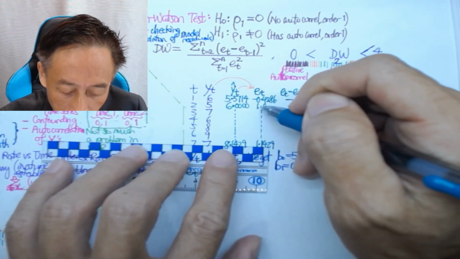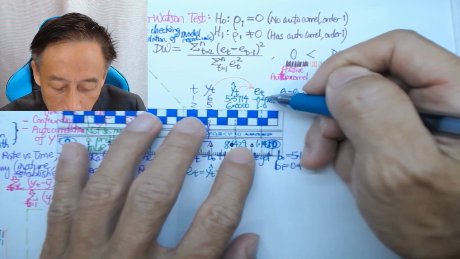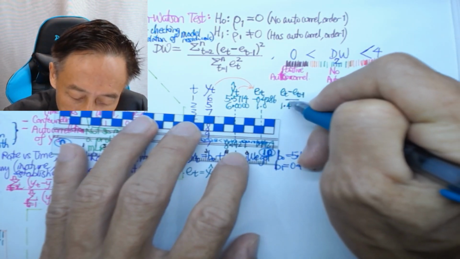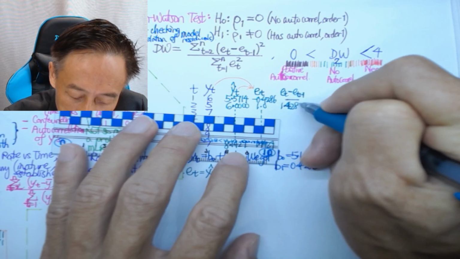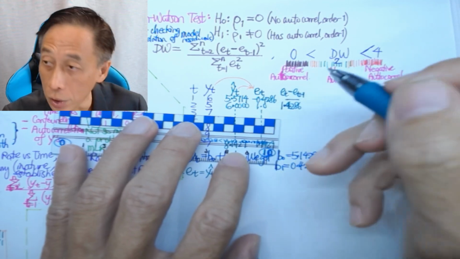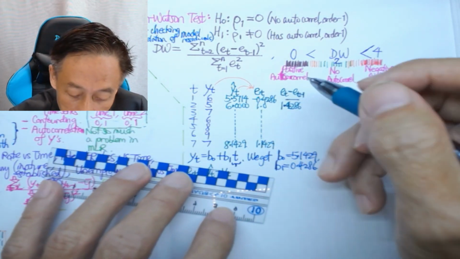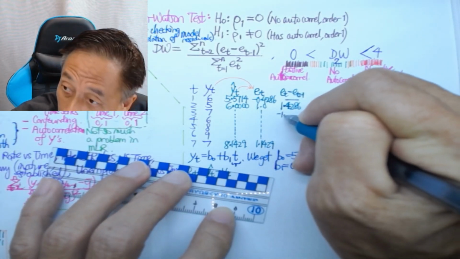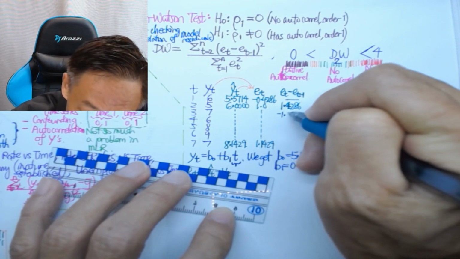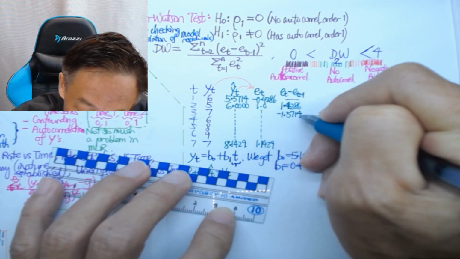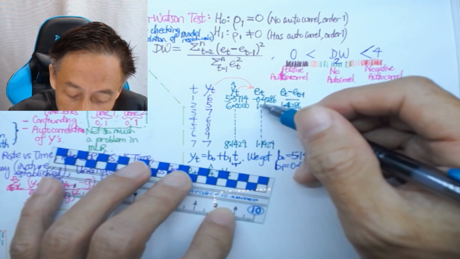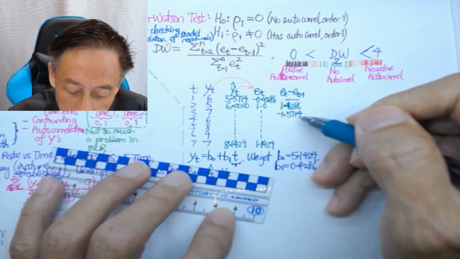Second term is 1 minus negative 0.4286, so we get 1.4286. Third term, I get negative 1.5714, because it is negative 0.5714 minus 1 here. So you get this, and so on.